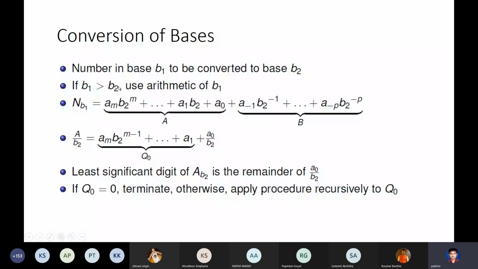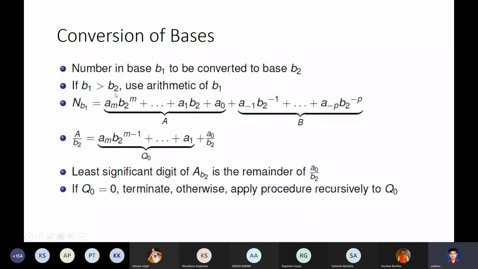Let's look at the original representation, because originally the number is in base B1. I want to find out the digits if I convert to base B2. So this is the number in base B1. Let's say it is in base B2 as a sum of terms a_m into B2 to the power m.